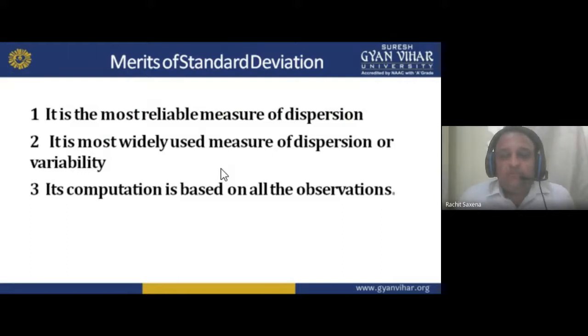Widely means we use it worldwide, or in a very large manner, for measurement of dispersion or variability. If I want to measure the variability, I use the standard deviation method. The word deviation comes here. So that is a good method. These are the merits. Now, its computation is based on all the observations.